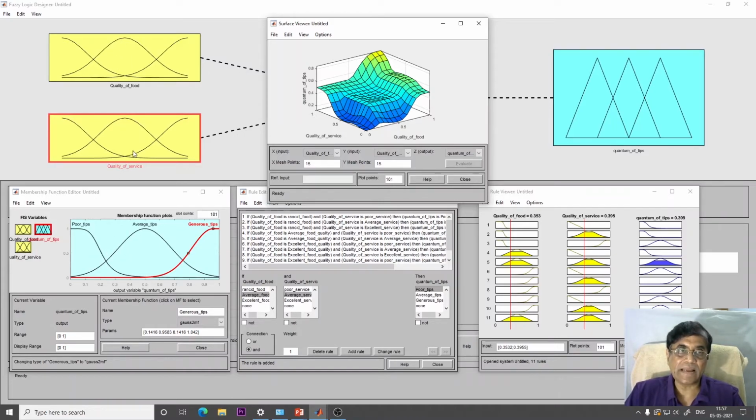For example, you can add more variables. Food, quality of service. What could be another variable here? You can see ambience, whether it is air conditioned, whether the ambience is good, average or poor. You can add. Just I am giving an example.